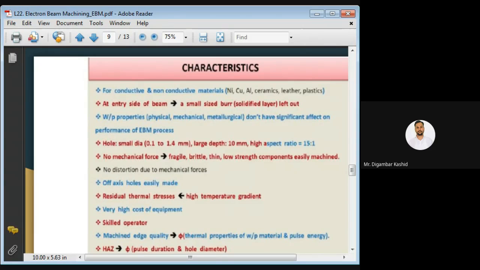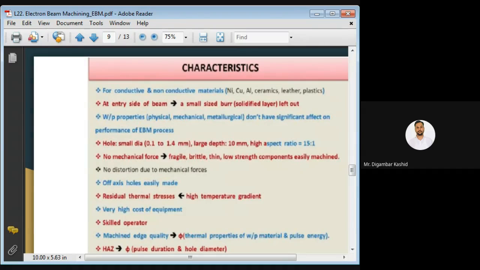So any kind of fragile, brittle, thin, or low strength component can be easily machined using this process because of no mechanical machining force. Hence the tool material does not touch the workpiece surface, so there is no distortion of the workpiece due to mechanical force. Without mechanical force, there will be no distortion. So this is another process capability: no distortion due to mechanical forces.